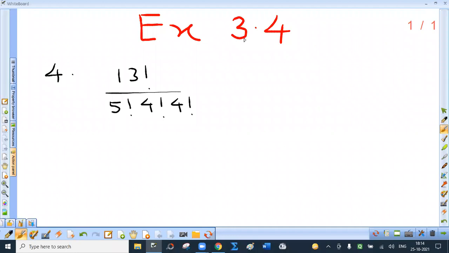That is in all 5 plus 4 plus 4 equal to 13 marbles.